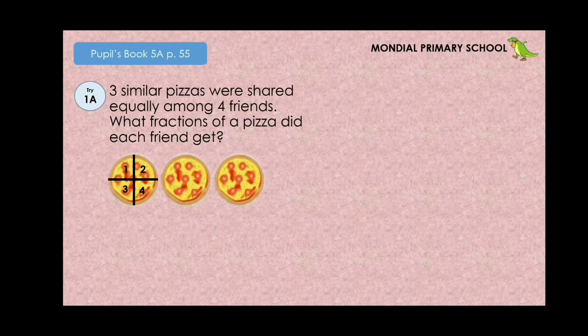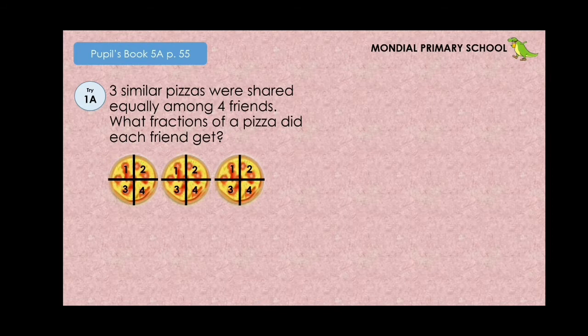Then you could take the second pizza and divide that pizza also equally, and everybody would get another slice of that pizza. And the last, you took the third pizza and divided that pizza also equally, and everybody would get another slice of that pizza. So, how much would each person get?